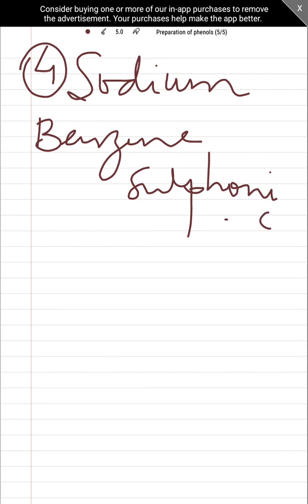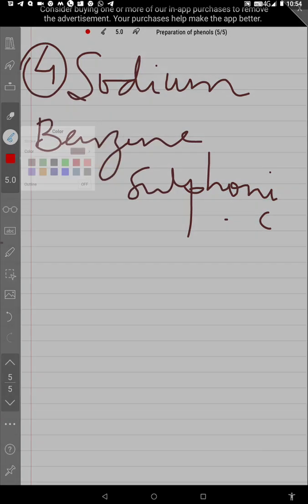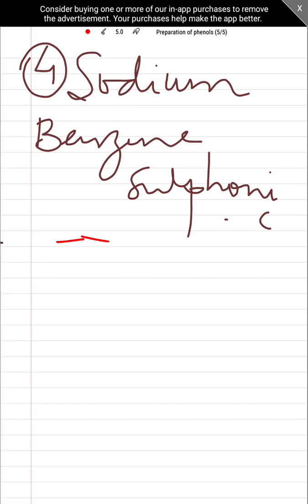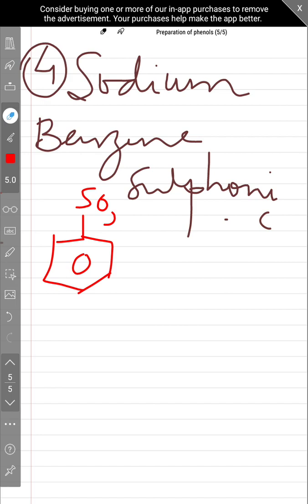When sulfonic acid is treated with sodium hydroxide, we get sodium benzene sulfonate. And this sodium benzene sulfonate on fusing, how is it possible? We'll see. Sodium benzene sulfonate is SO3Na.